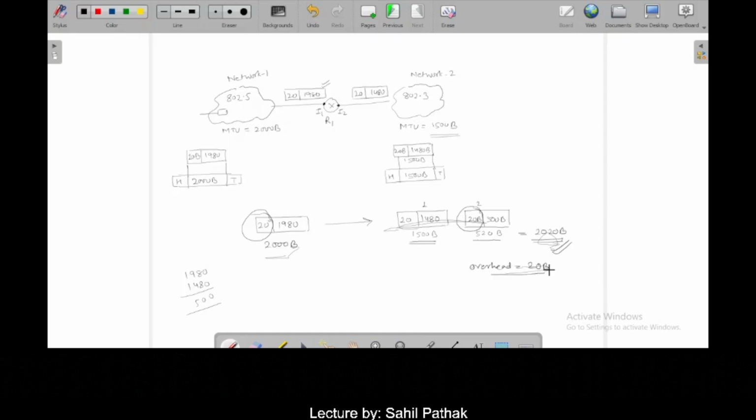Now the thing is, let us take one more example to understand this. OK, before going to the next example, let's see what happens.